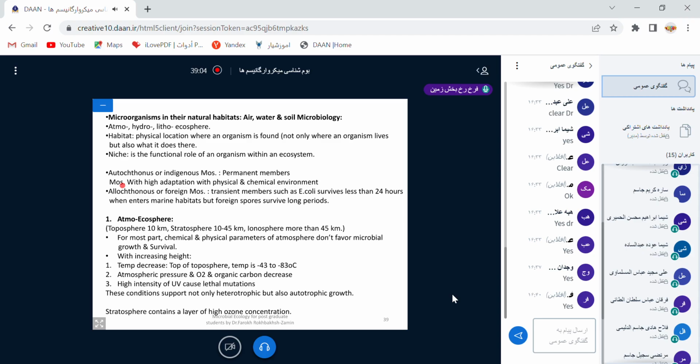They are not native on the air. Air is only a device for transfer from one place to another place. For example, your place of living is soil. Yes, you live on soil. You don't live in the water and you don't live in the air. If you go to air by airplane, it is only for transporting from one place to another place.